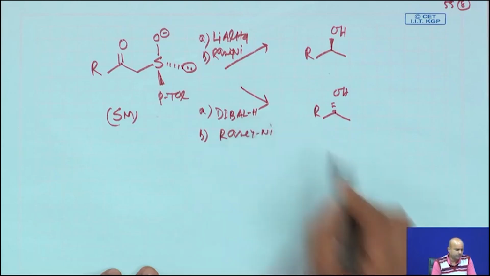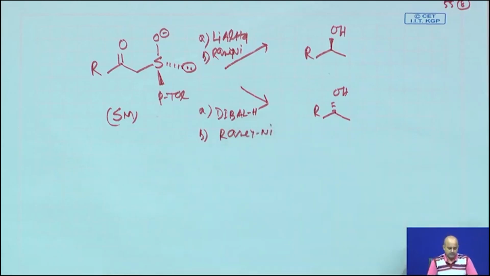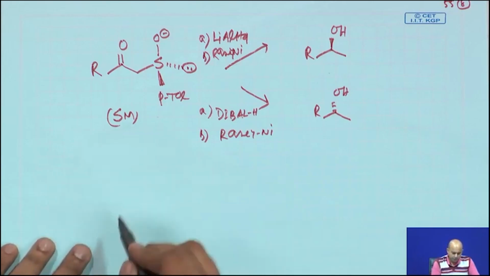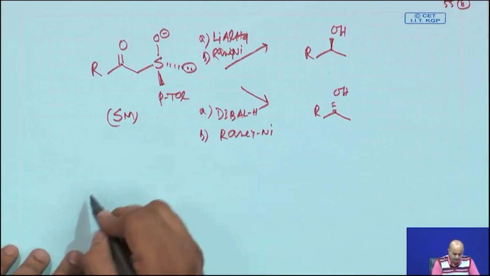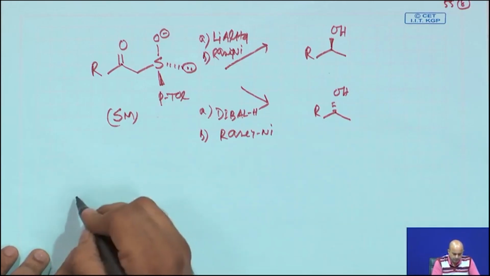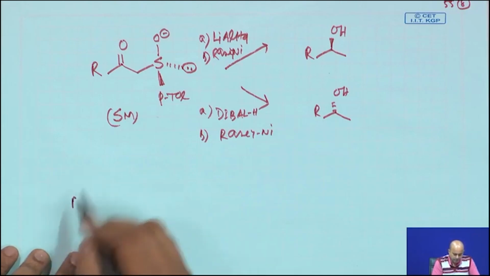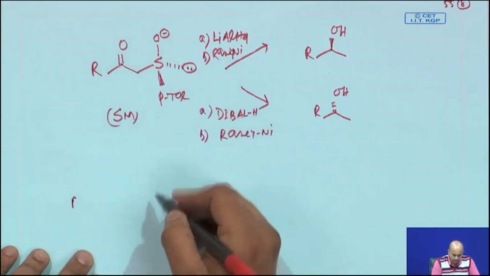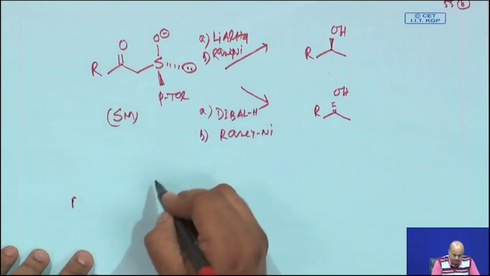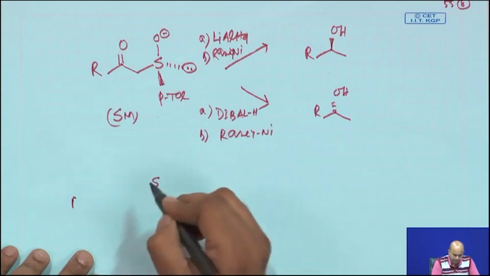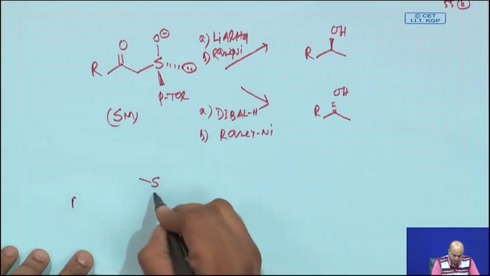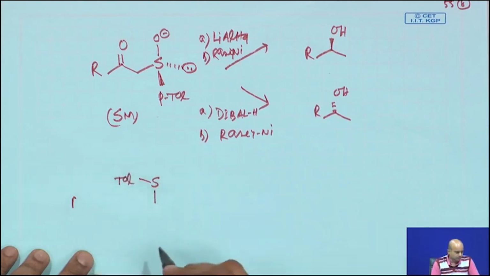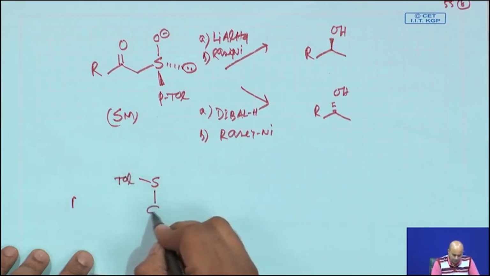Now, this is a very nice demonstration of substrate-directed chemistry. Initially, we first take the parent sulfoxide which was written here. Now, the sulfoxide you can write in two different conformational pictures. This is the lone pair.